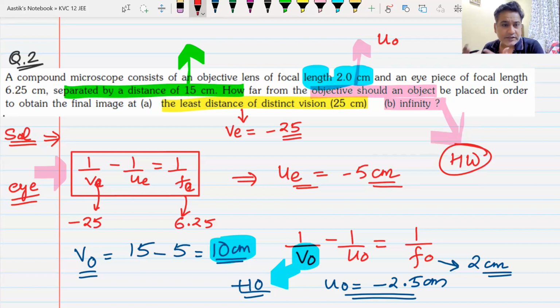The value of UE will come as 6.25 because it will be placed on the focus. So the value of VO will be 15 minus 6.25, 8.75. Because it is coming in decimals, the final answer will come in decimals. It will be a lot of calculations, and you will take 3 or 4 minutes to calculate it. In that time, I can probably finish the astronomical part. That is why I'm not doing it.